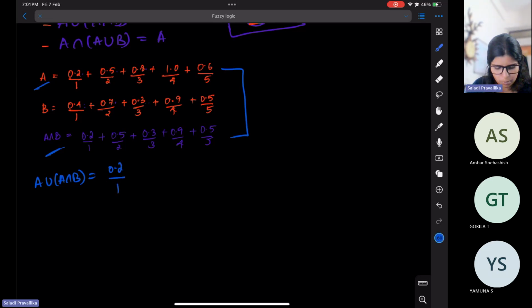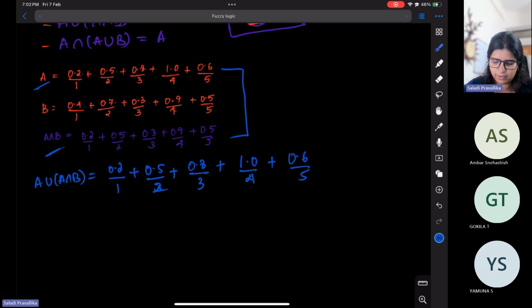Maximum is 0.2 plus 0.5 by 3 plus maximum in between 0.8 and 0.3 is 0.8 plus maximum between 1 and 0.9 is 1 plus 0.6 by 5, which is nothing but A, right?